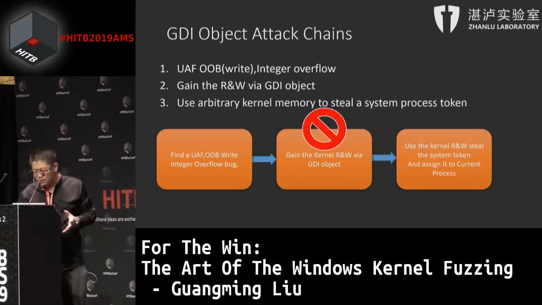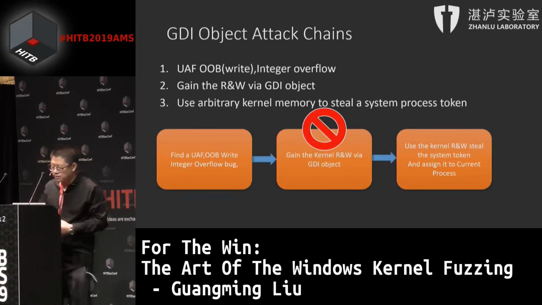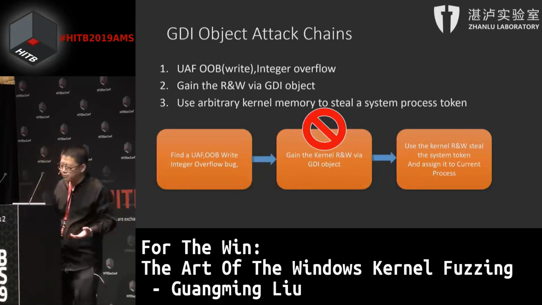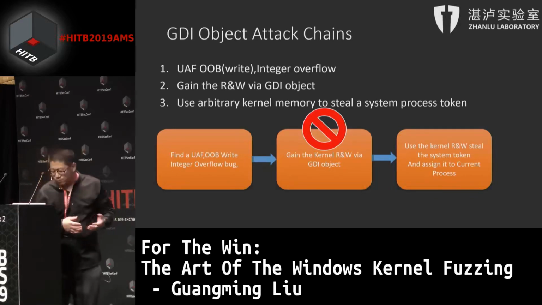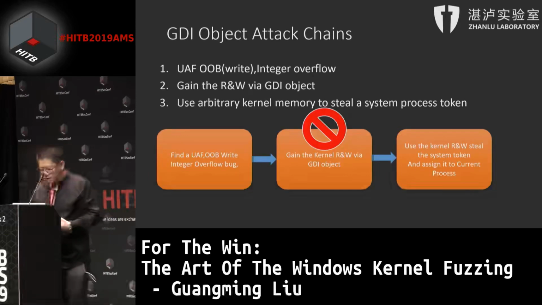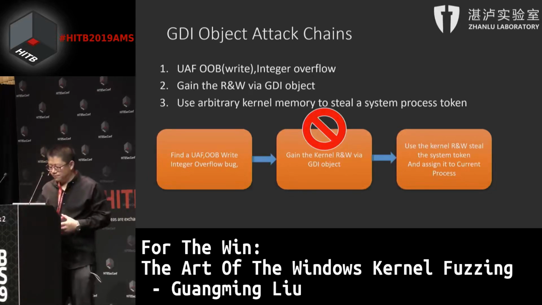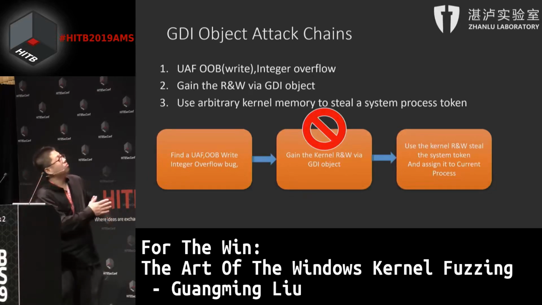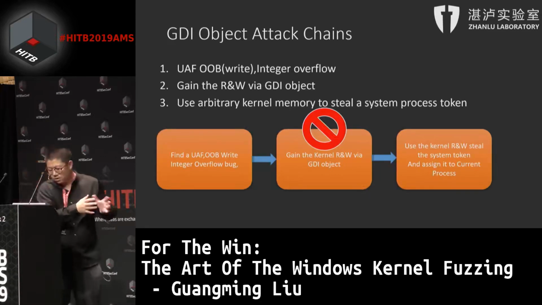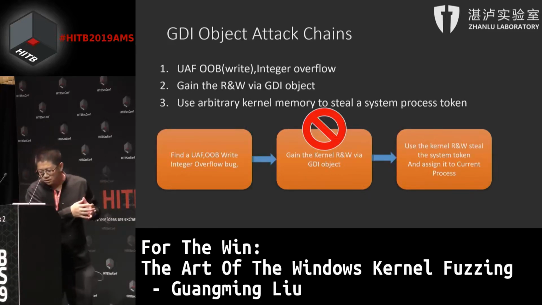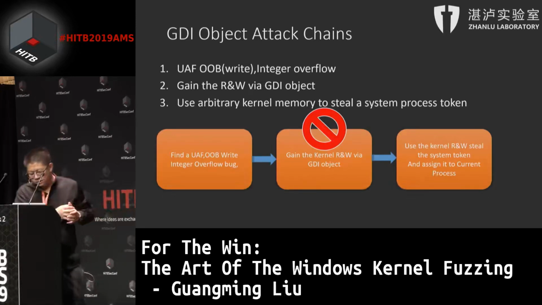Here is the GDI object attack chain, and this is the normal way of using a use-after-free to exploit. If we got a UAF issue, we can spray the object to the heap and get the arbitrary address read/write. And as you can see, now we can't get arbitrary read/write because of the type isolation.